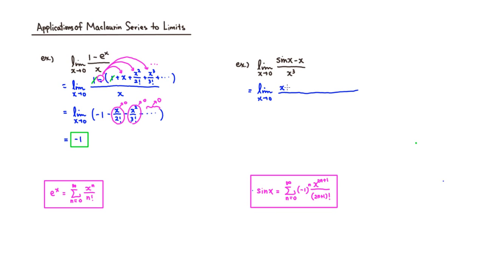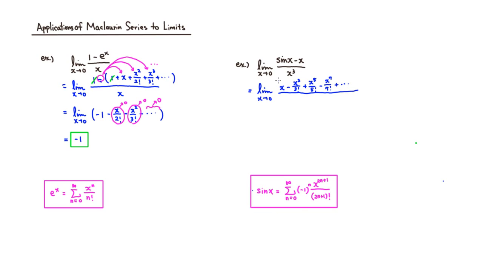and sine alternates, so the next one is going to be negative x cubed over 3 factorial. The next one is a plus x to the 5th over 5 factorial, minus x to the 7th over 7 factorial, and so on.